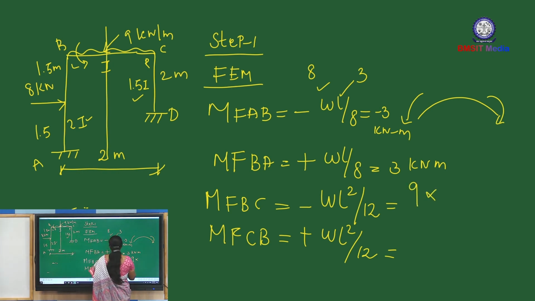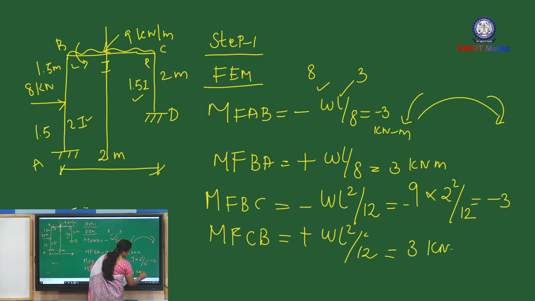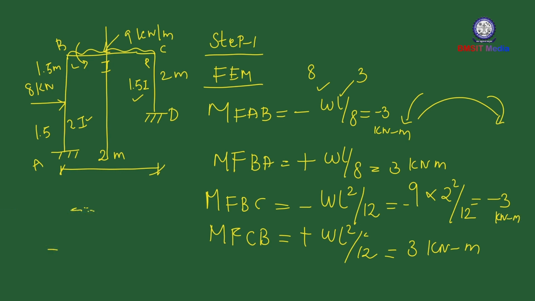L equal to the length of the span BC, that is 2 meter, 2 square divided by 12. The answer is minus 3, and here MFCB equal to plus 3. The unit is kilonewton meter. So the first step is the fixed end moments.